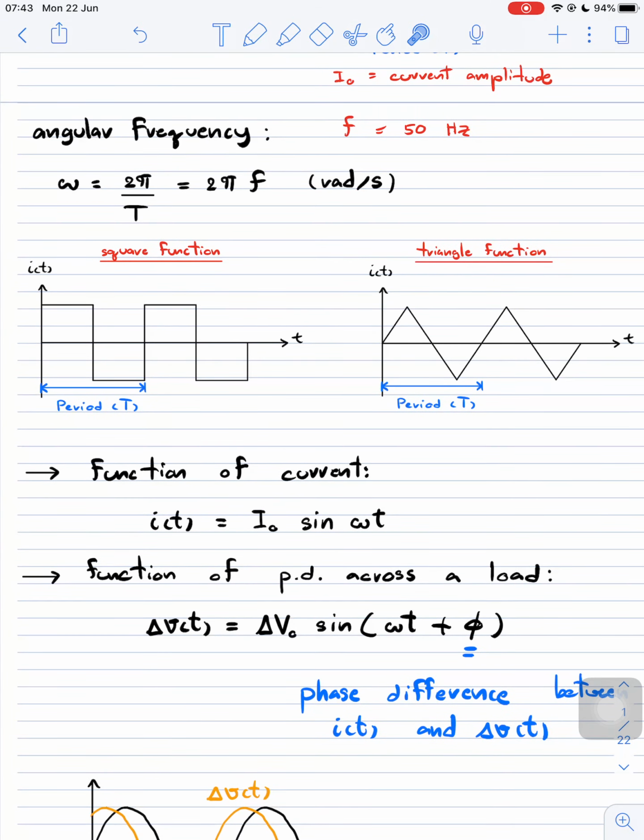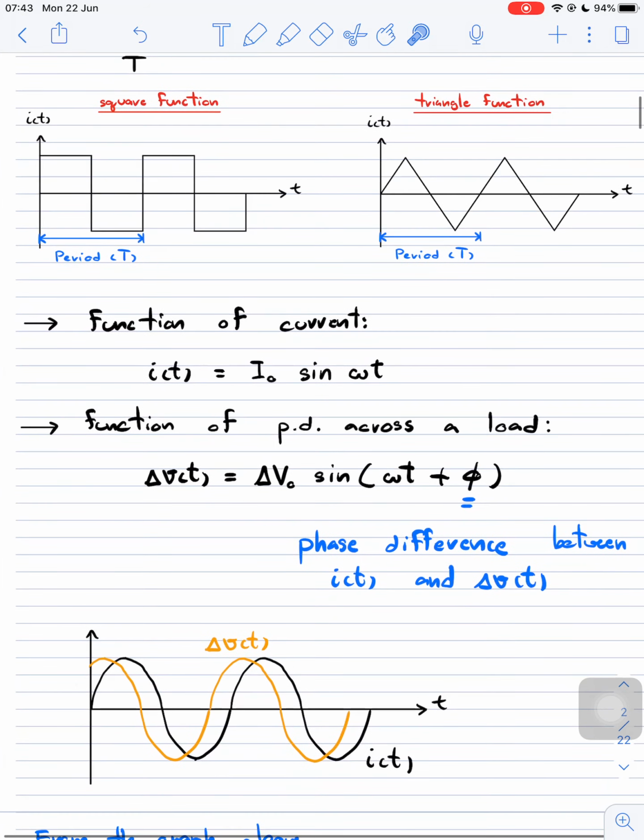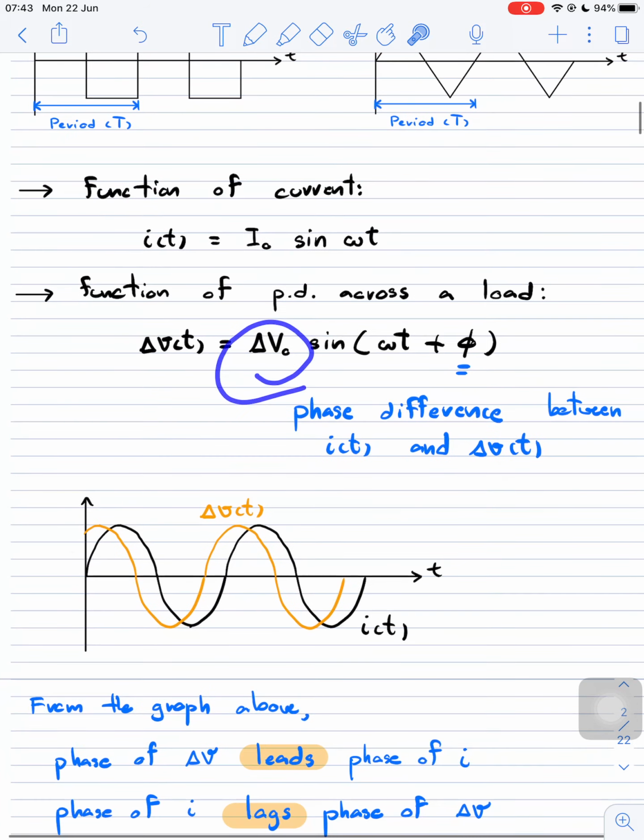But on the other hand, if we want to talk about the potential difference across a load, this load can be a resistor, capacitor, inductor, or a combination of resistor and capacitor, resistor and inductor, etc. So that's called the load here. We use the symbol delta V for the potential difference, equal to delta V naught times sin.